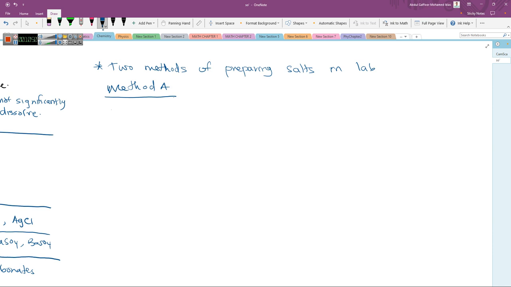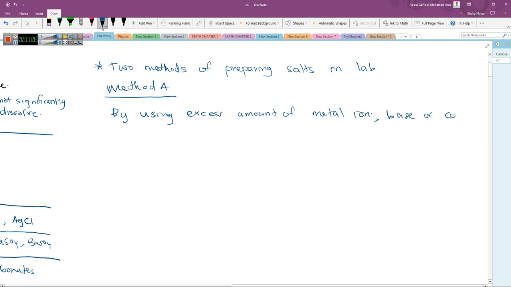So method 1 will be by using excess amount of metal, base or carbonate in acid, followed by filtration.